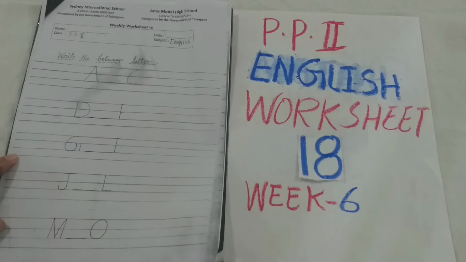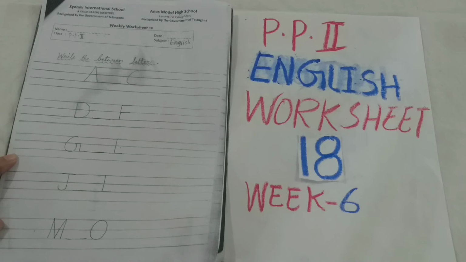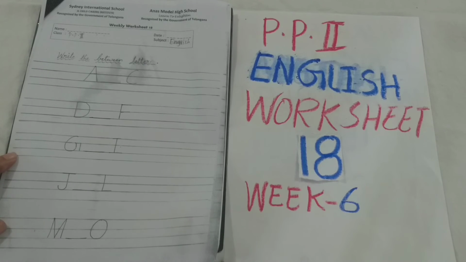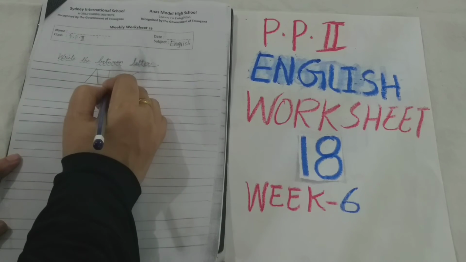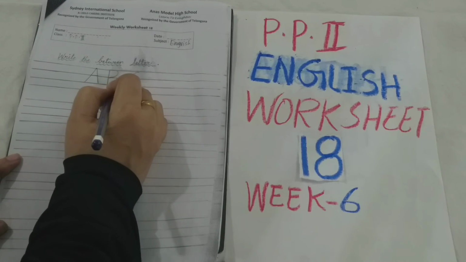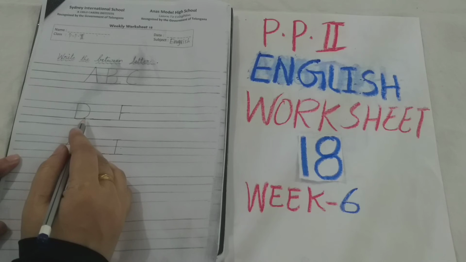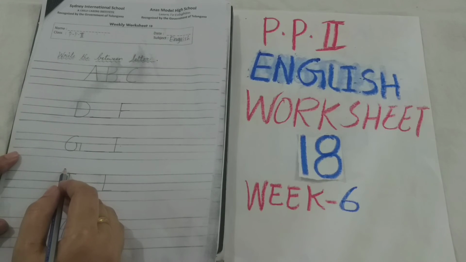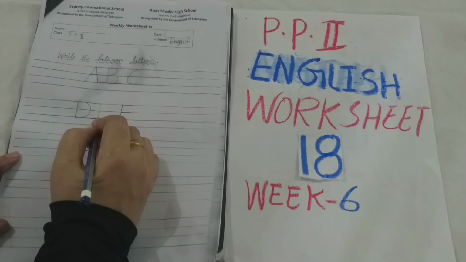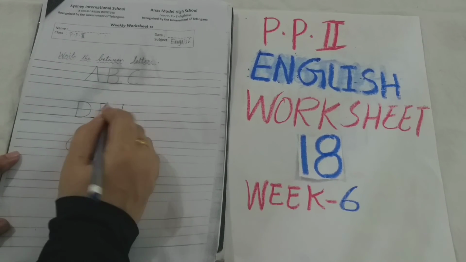That letter you have to write in the dash, children. So which one is the correct letter? B is the correct letter. Write here capital B. Now D dash F. So what you have to write here in the dash? Capital E is the correct. Write capital E.